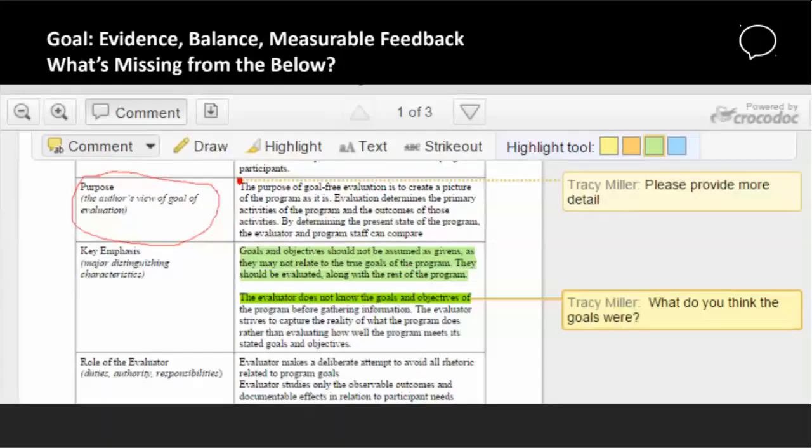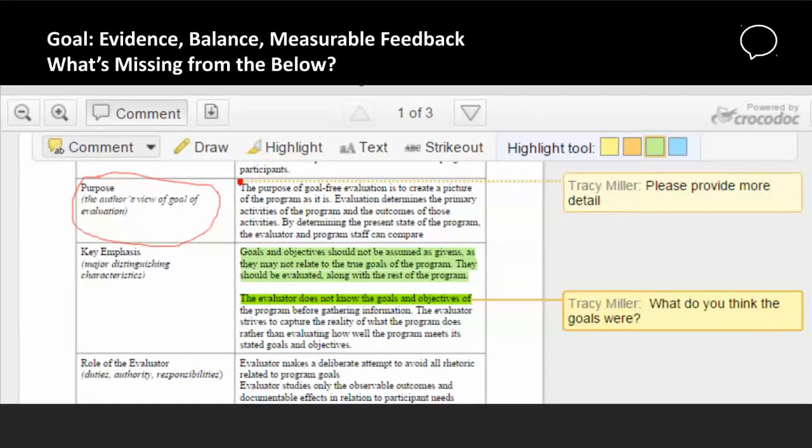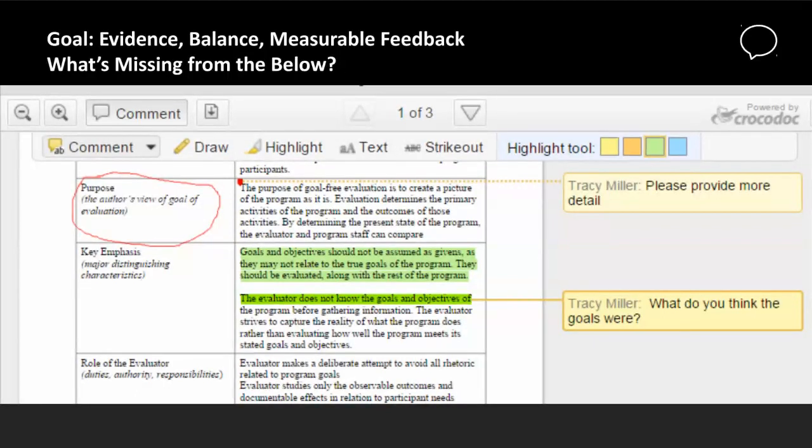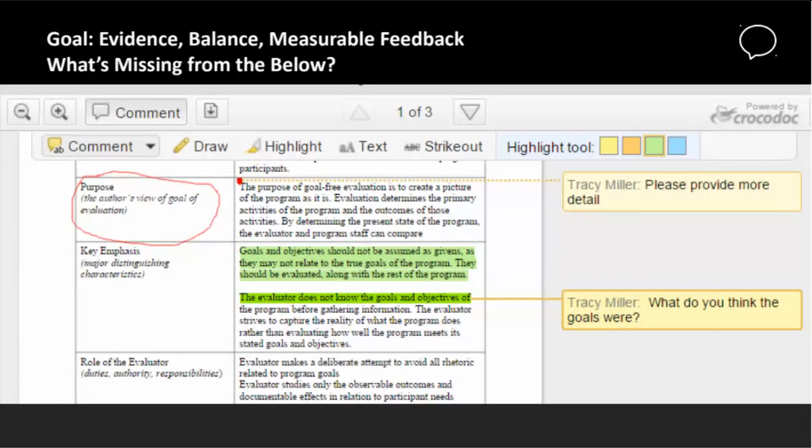And then, we talked about evidence-based and balanced and measurable, and what's missing. So if you look at this, the author has a purpose. Do you see evidence in here, or measurable feedback, or actionable?